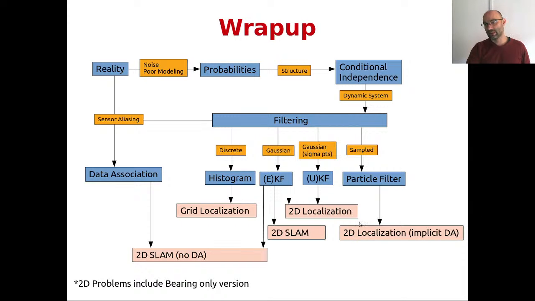Yet, for doing the data association, so to actually evaluate our particle weights, we had to choose some landmark. So we were doing a per particle data association in that context. Okay?